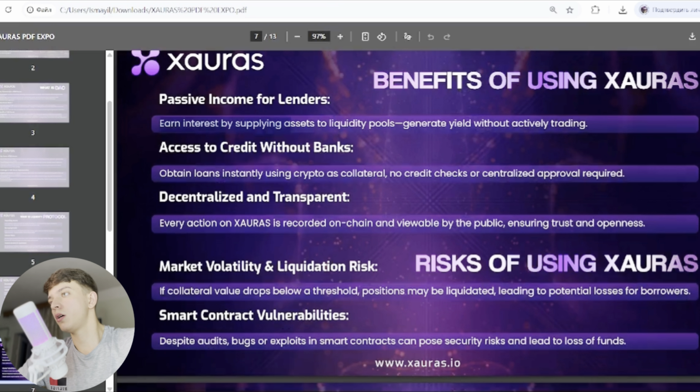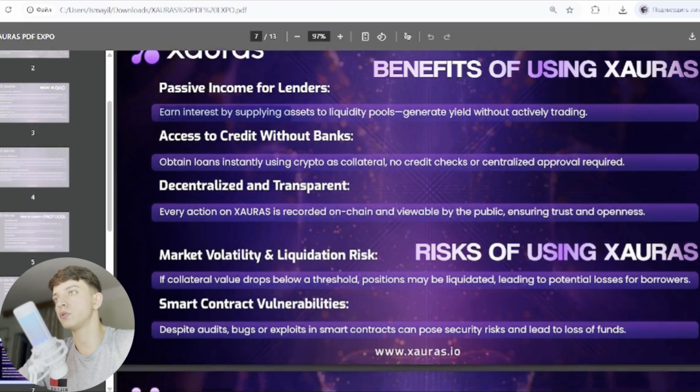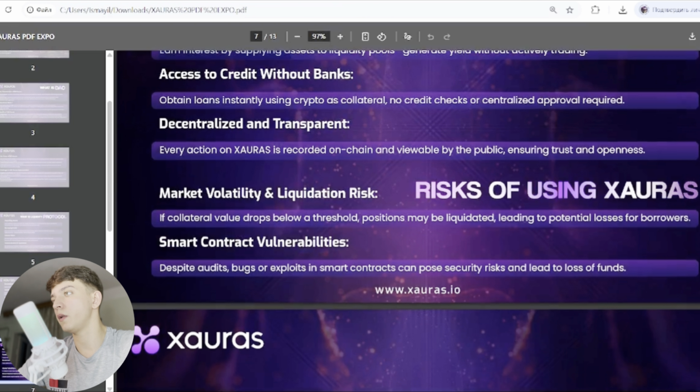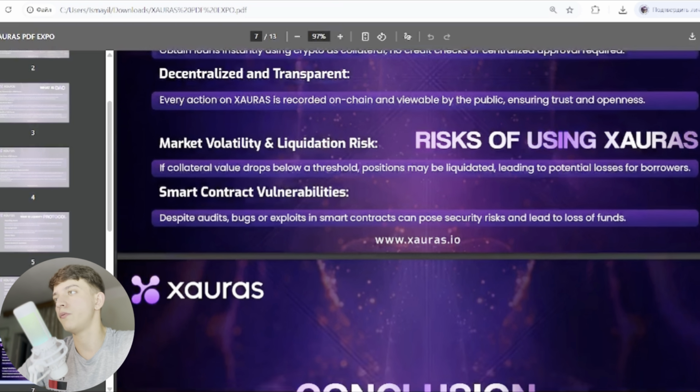The risks of using Xauras: if the collateral value drops below a threshold, the position may be liquidated, leading to potential losses for borrowers. Smart contract vulnerabilities: despite audits, bugs or exploits in smart contracts can pose a security risk and lead to loss of funds.